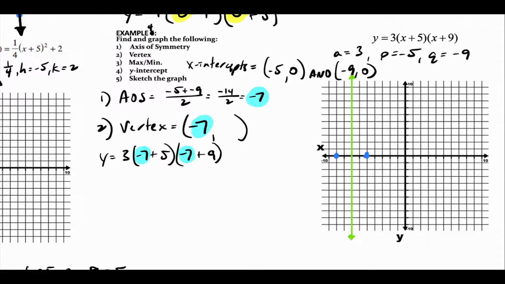Parentheses first. So I get a -2 here. I get a +2 here. I had a 3 in the front. So when I multiply straight across, what do I get? 3 times 2 is -6 times another 2 is -12.